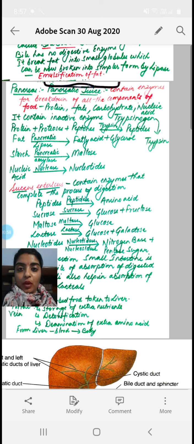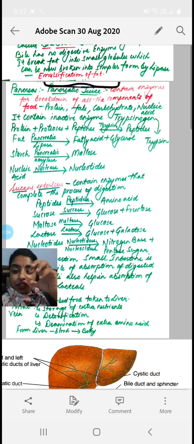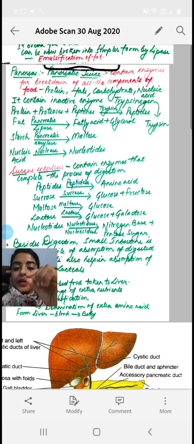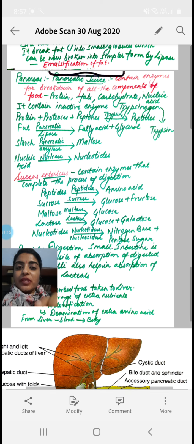How? So this bile juice breaks the fat into small globules. जो fat है उसको digest होने से पहले ये जो bile juice है क्या करता है, छोटी छोटी droplets में convert करता है ताकि वो easily absorb हो जाए. ओके, तो उसको simpler droplets में convert करता है. That process is called emulsification of fat.